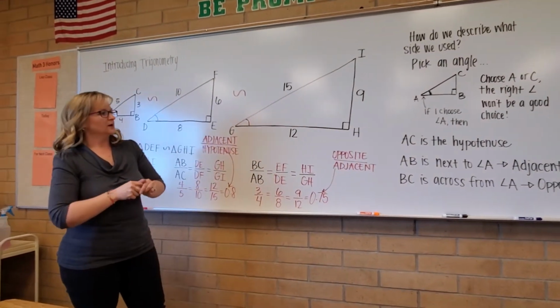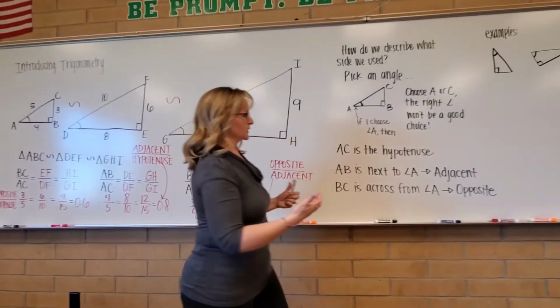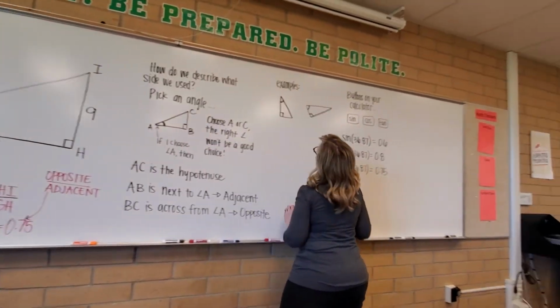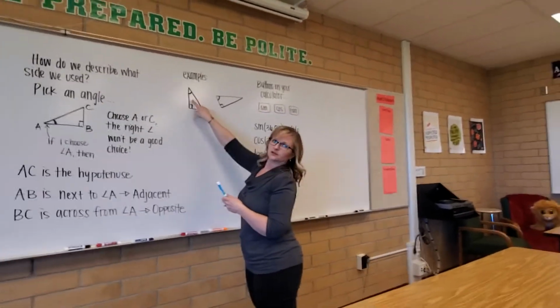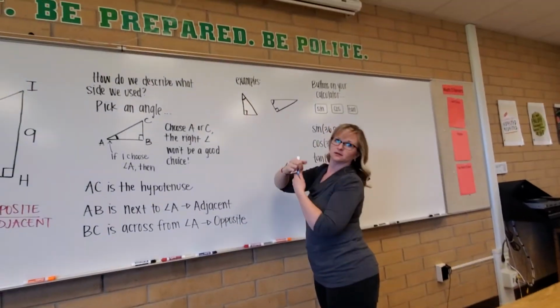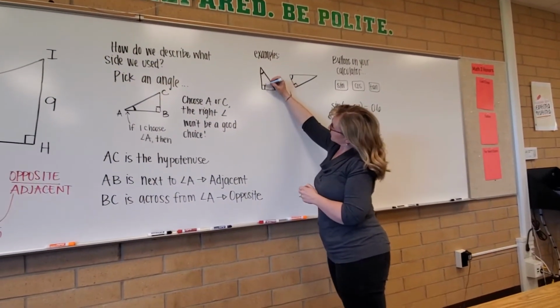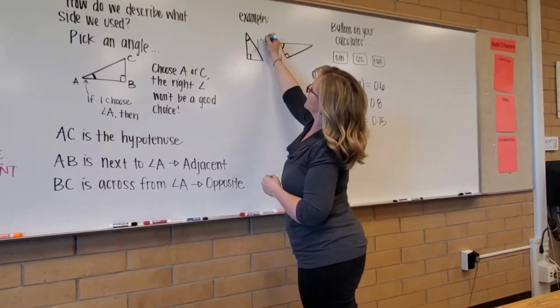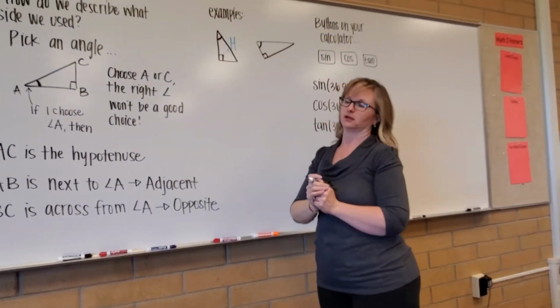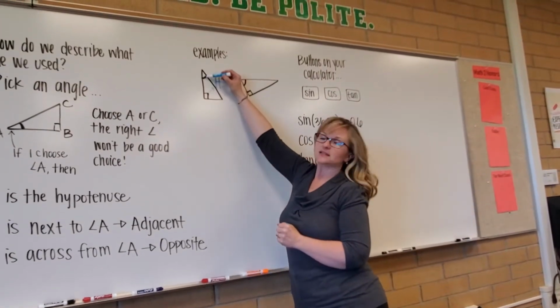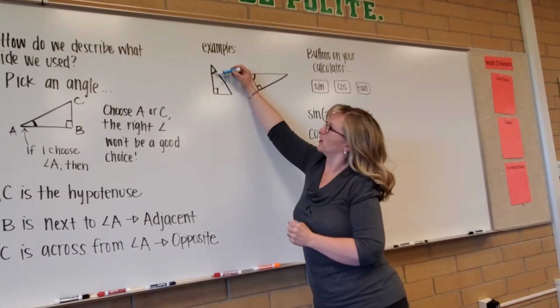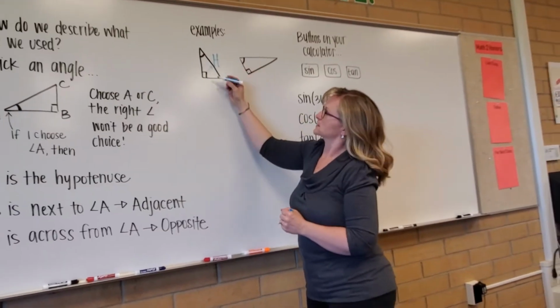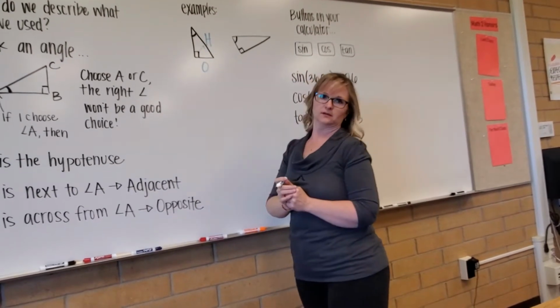All right, so let's just try an example really quick with labeling the triangle. If I have this triangle and I picked this angle, the side that the right angle is pointing to is going to be the hypotenuse. So I'm going to label it with an H for hypotenuse. I picked this acute angle, so this side all the way across is going to be the opposite side.